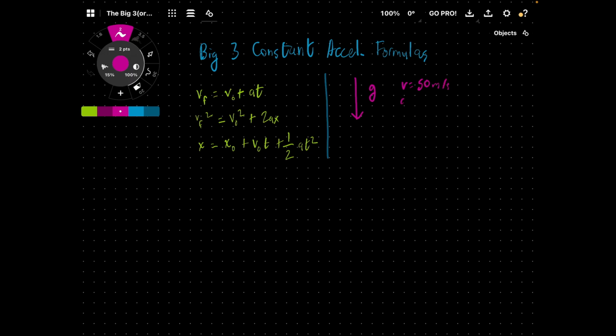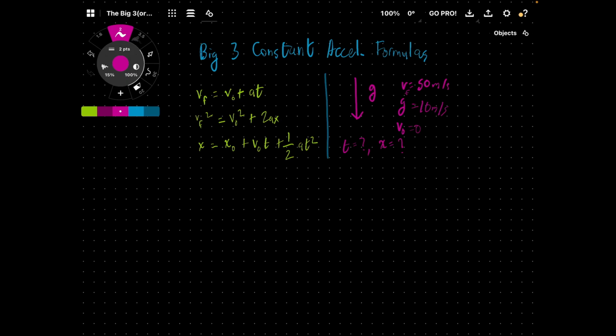Now assume gravitational acceleration is 10 meters per second squared, and it's released from rest. So v0 is equal to 0. I want you to figure out how long it takes to get to this position and what the position is. So basically, how far has it fallen?